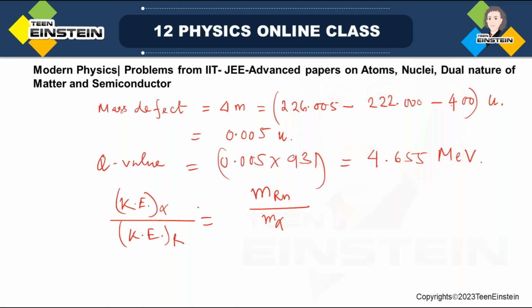Okay, so from here we will be able to find the kinetic energy of radon. So m alpha divided by m Rn, into K alpha, the kinetic energy of alpha.